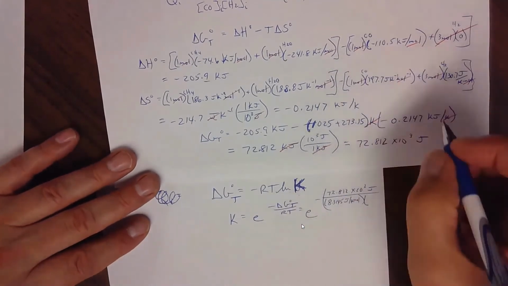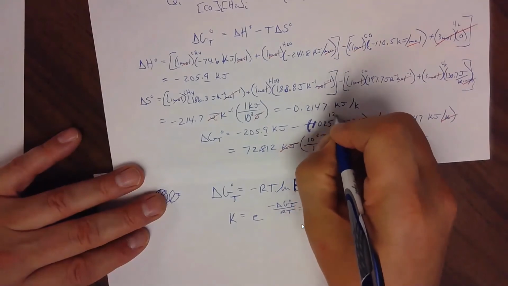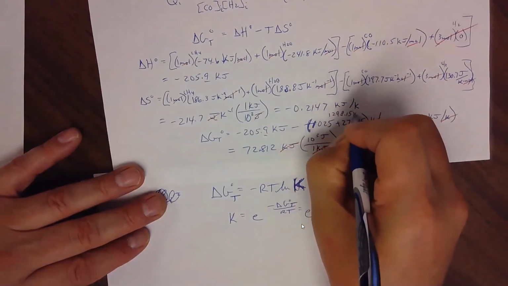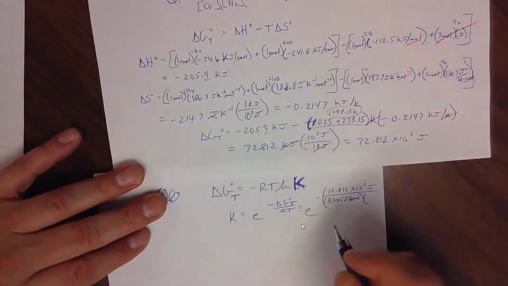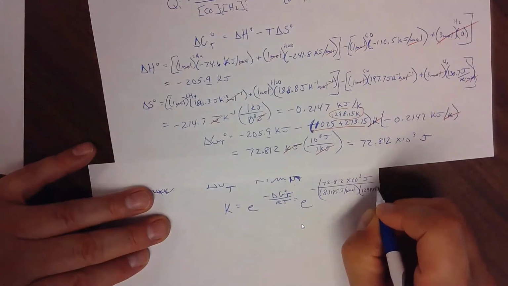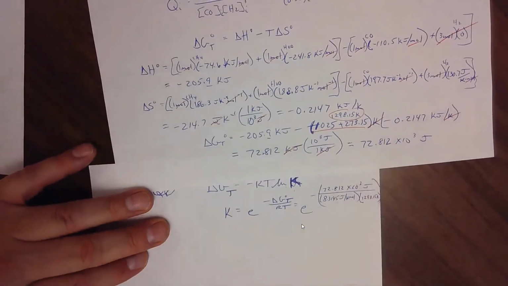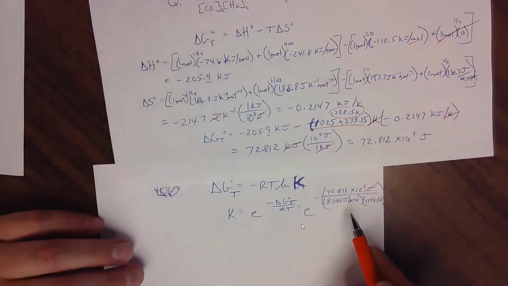So that's going to be 1298.15 Kelvin. So that's what this is here, right? That's what that is there. So this will be 1298.15 Kelvin. Now, notice on the units here, the joules cancel, the Kelvin cancels, but the mole is still there.